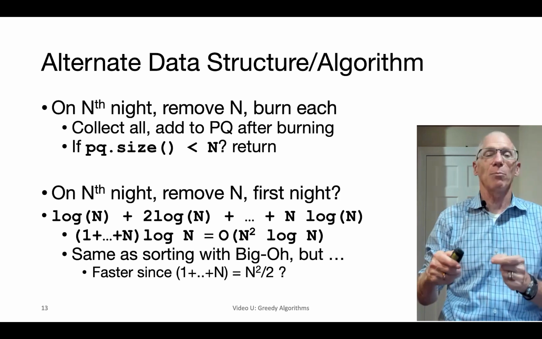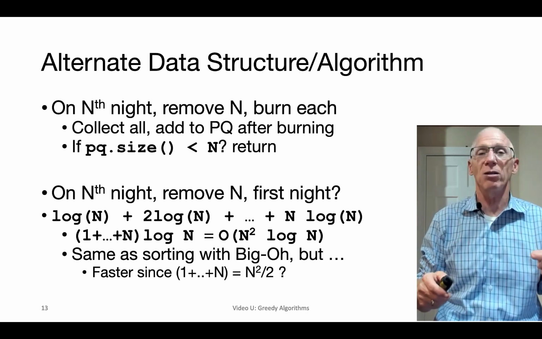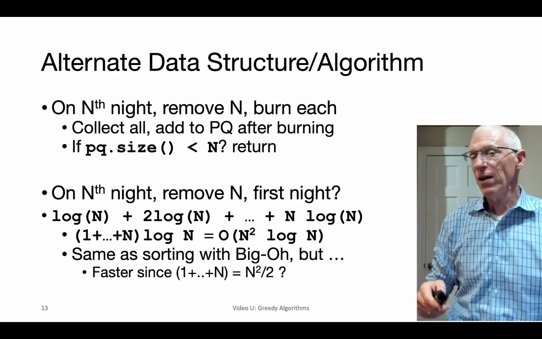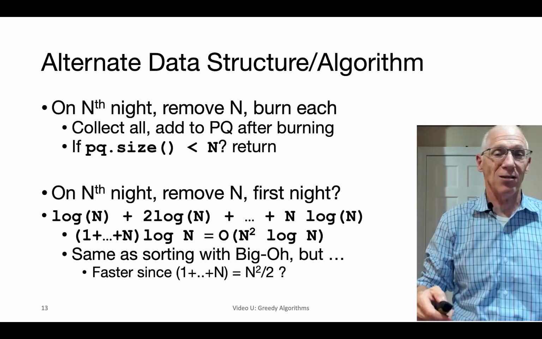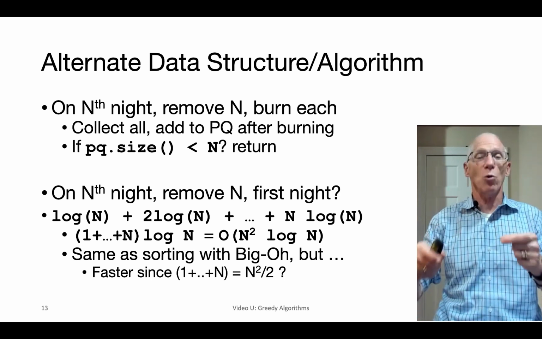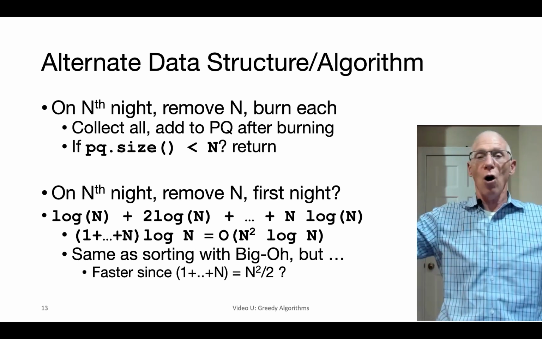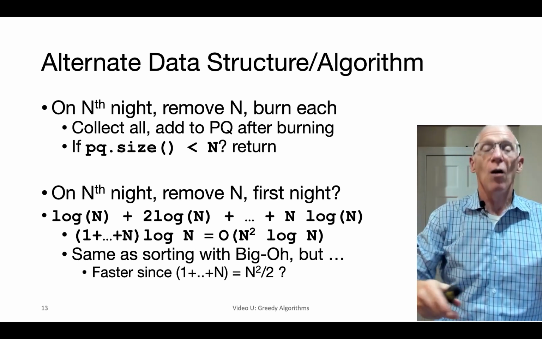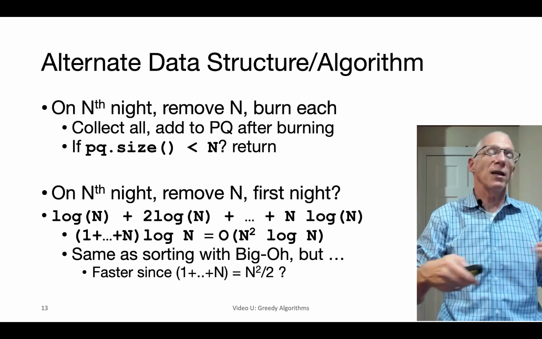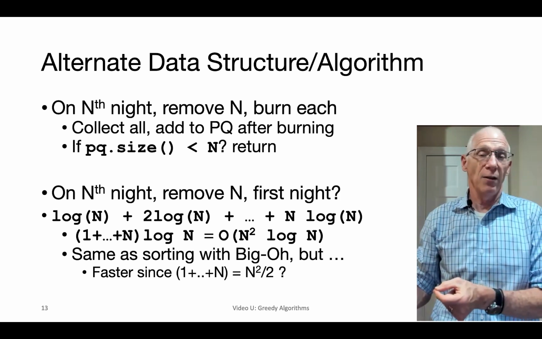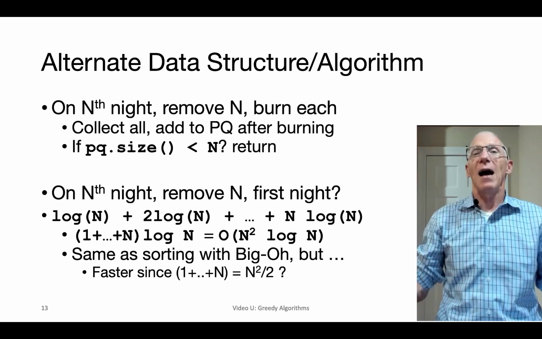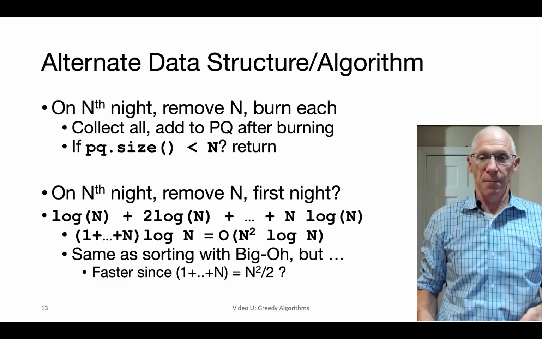It's n times n plus 1 over 2. So that over 2 means it's half as long for this algorithm. It's perhaps twice as fast as the sorting algorithm, because in the sorting algorithm, we always sorted all the numbers. Here, because it's a priority queue, we can leverage that and get slightly better performance in the real world, but asymptotically with Big O, it's the same.